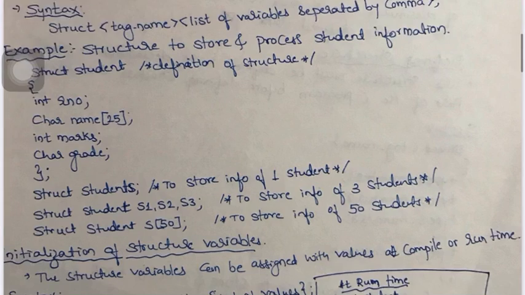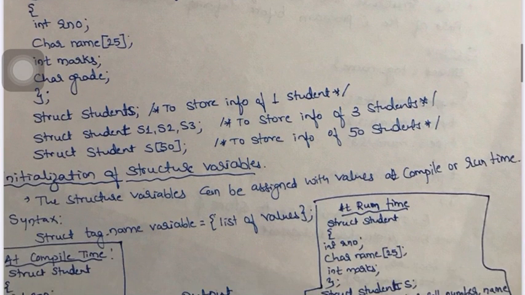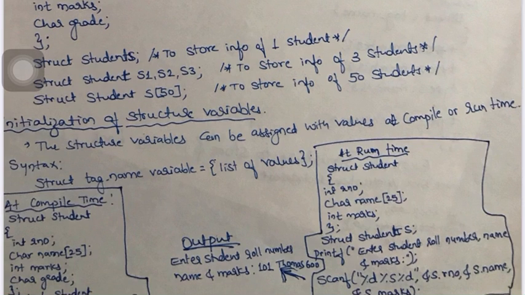The next topic we discussed in yesterday's class is initialization of structure variables, how structure variables are initialized. Here the structure variables can be assigned values at compile time or runtime.